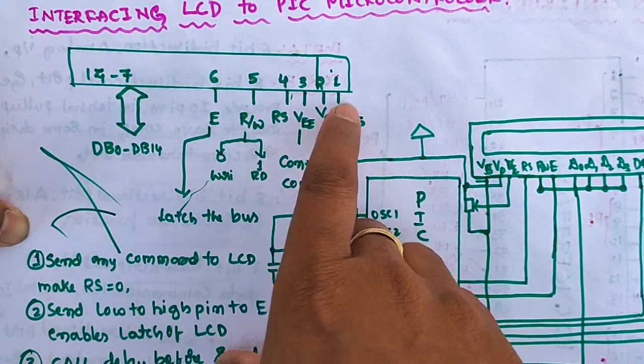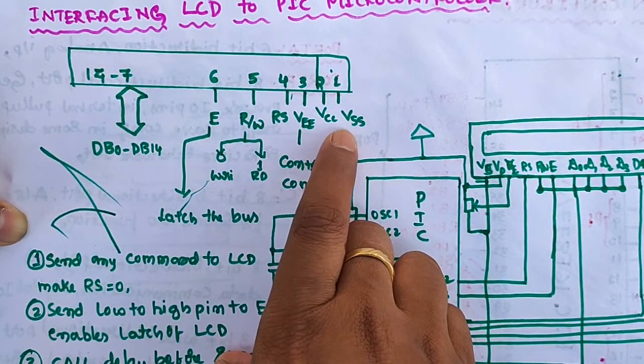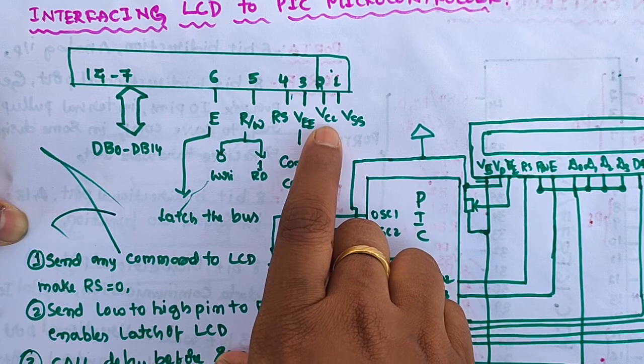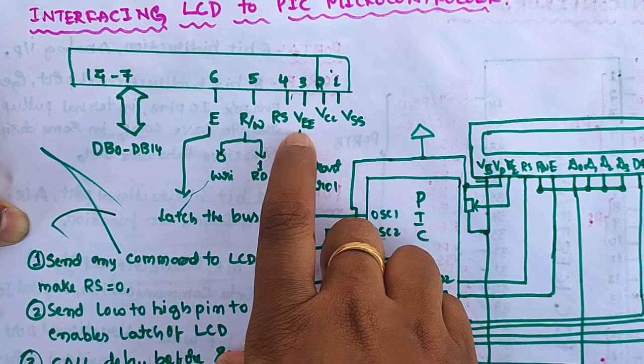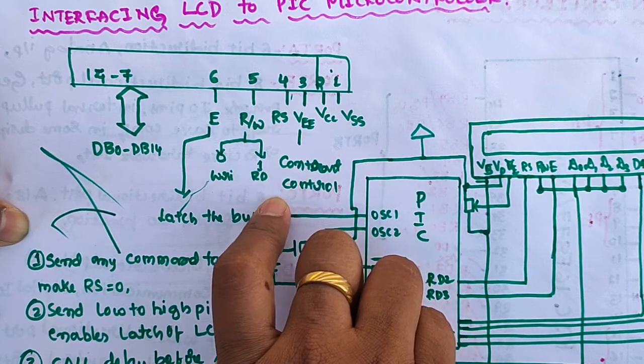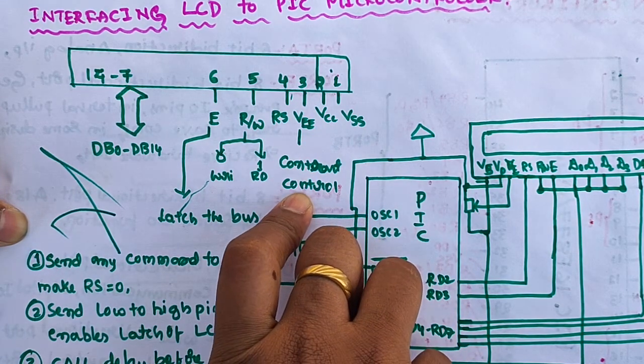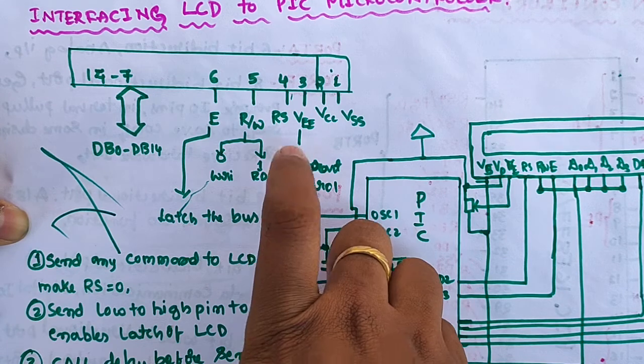Those pins we are going to discuss here. Pin number 1 is VSS, which is nothing but ground, pin number 2 is VCC, and pin number 3 is VEE, which is for contrast control.